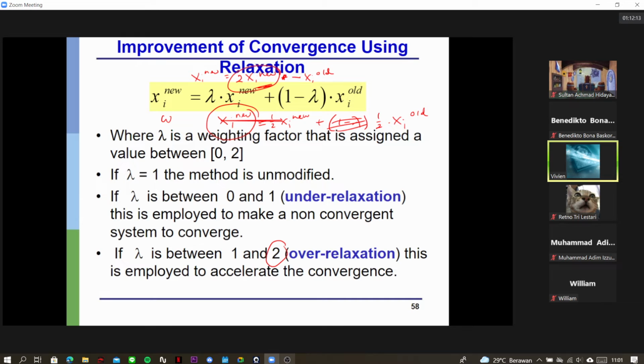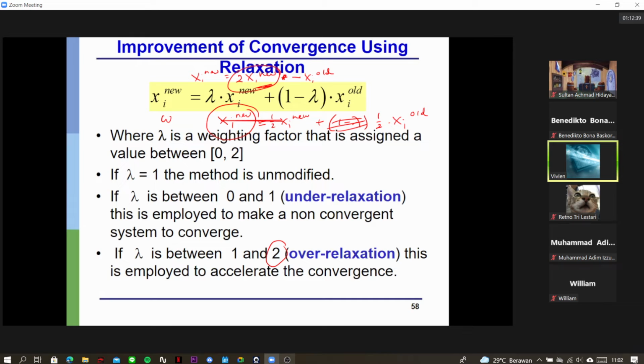So the final result will not be affected by the weighting factor. The difference is how many iterations are needed. If you apply 0.8 or 1.2, at the end you will have a similar result when we prescribe the same approximate error.